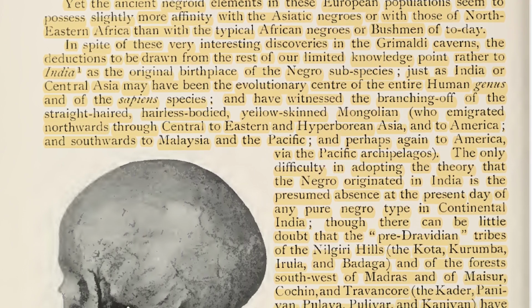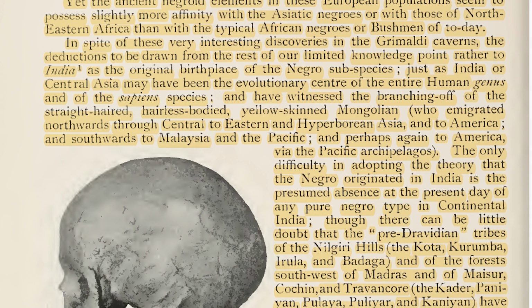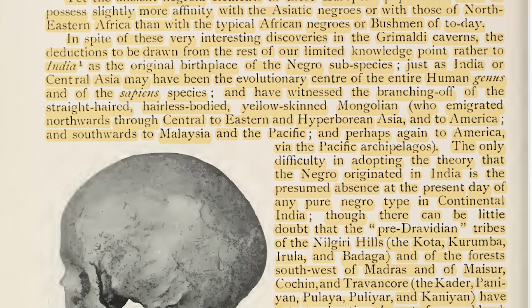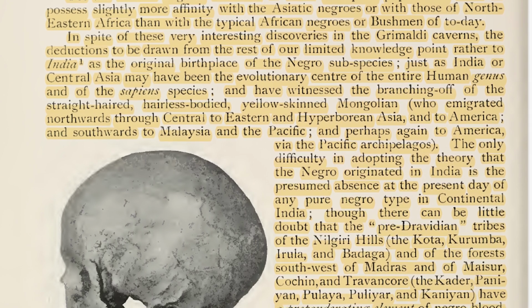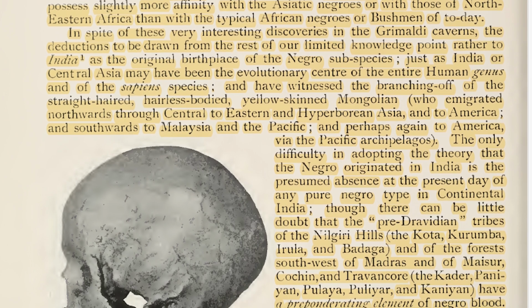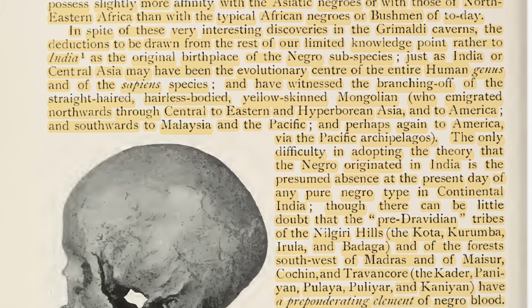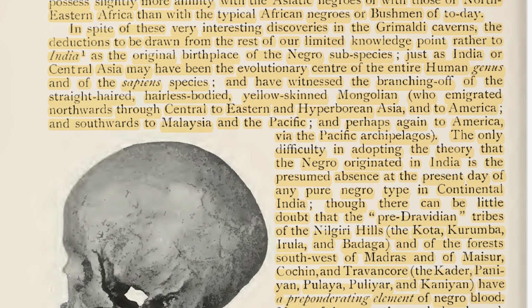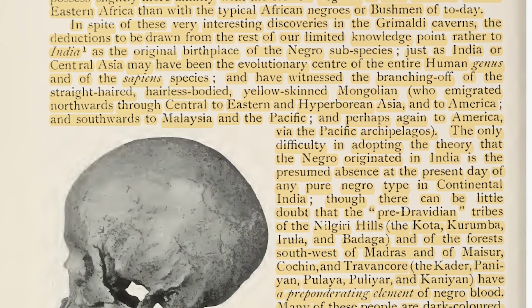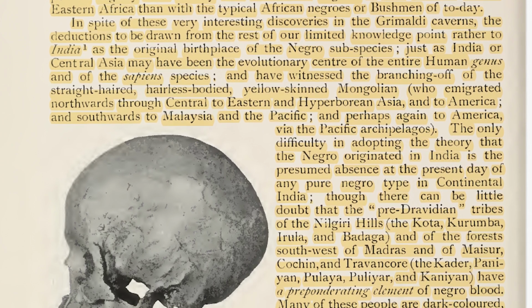So I mean, we've got European-type Negroes, then Asiatic Negroes, and of course the African. So we know about the African. But okay, now the proof of that is the Grimaldi caverns. They found skeletal remains of the Grimaldi people. And then India was the subspecies of Negro people.